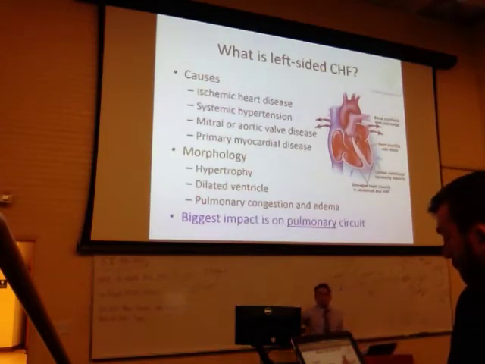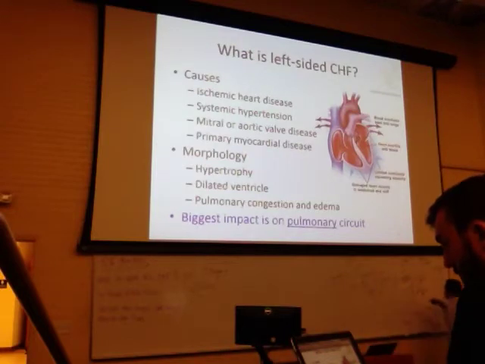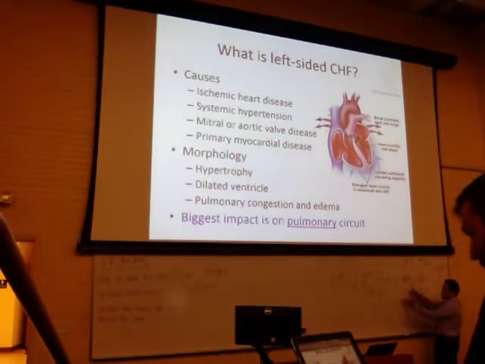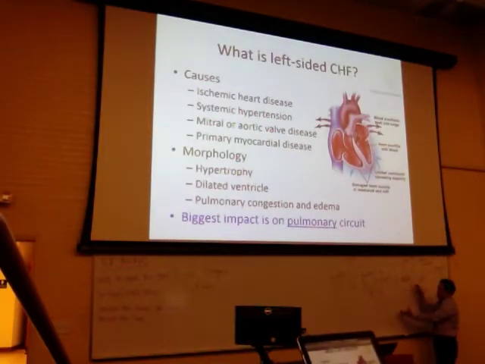We have either mitral or aortic valve disease. Well, if you have a leaky aortic valve or a leaky mitral valve, this valve is supposed to shut during diastole. If it doesn't shut well and it leaks back, then you get some regurgitation that takes place in relaxation, and now you have inefficiency.